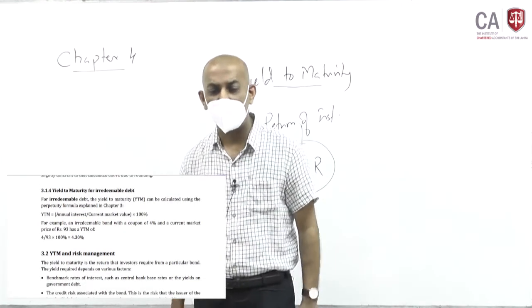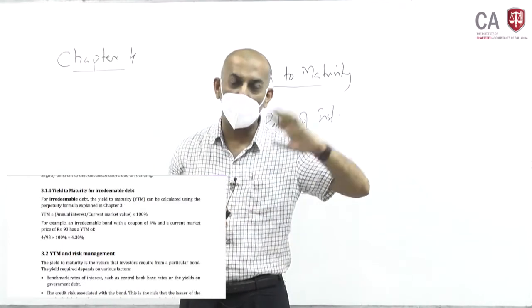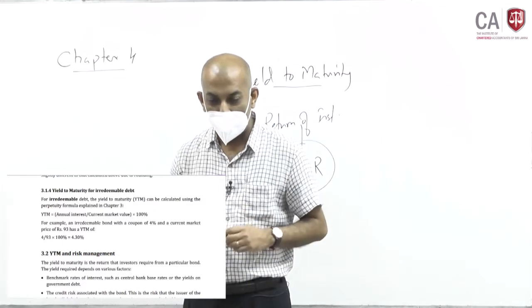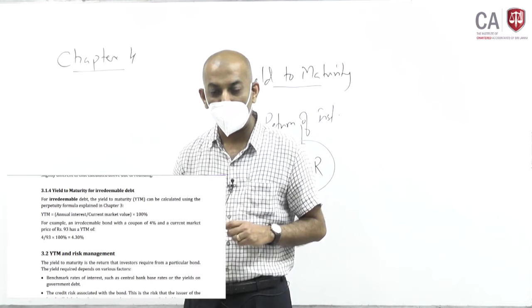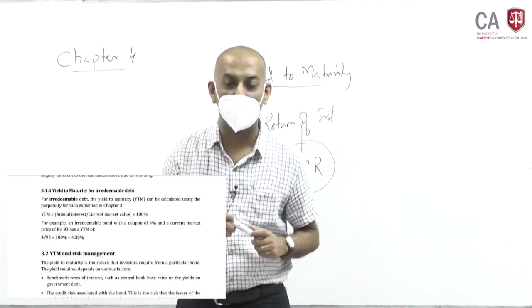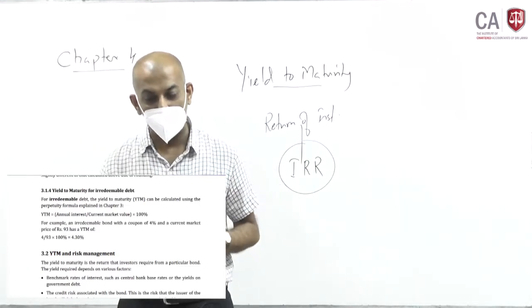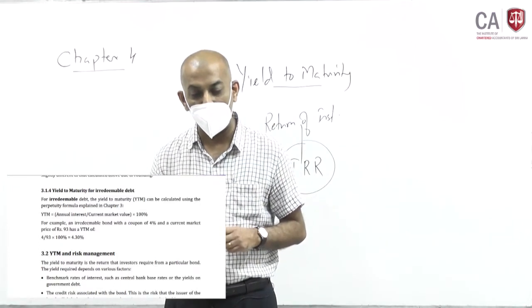Yield to maturity for irredeemable debt. If it says irredeemable debt, it means there is no redemption period. You get annual cash flow of interest only. So if you look at example 3.14, yield to maturity can be calculated using the perpetuity formula, that is annual interest divided by current market value. Annual interest is 4%, that is the coupon rate of 4%, divided by the market value, which is 93 rupees.